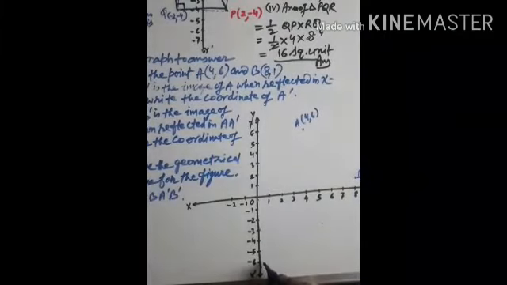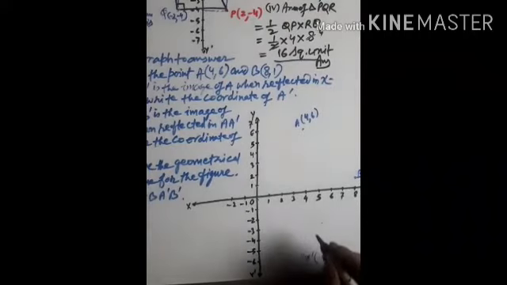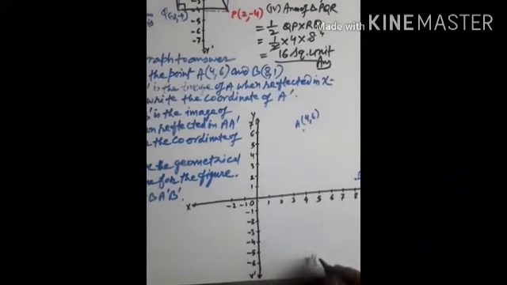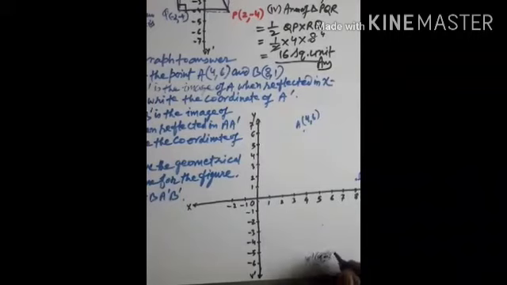So it is here, 6 units, and this is the position. So this will be A dash, and the coordinates will be 4 and minus 6.